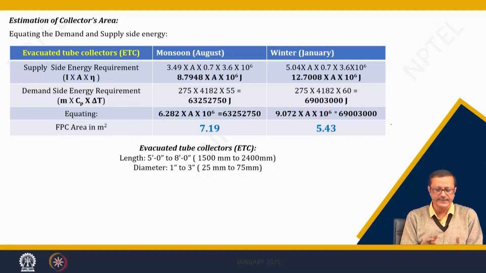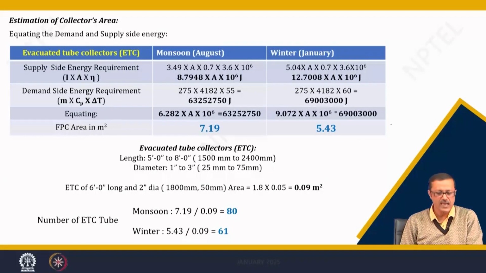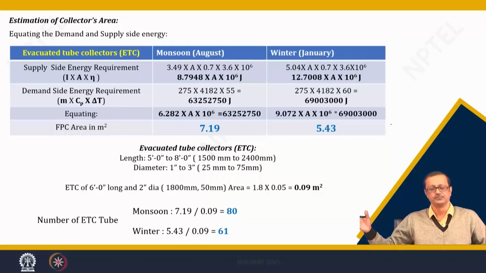The length of the tube varies from 5 feet to 8 feet, which is 1500 millimeter to 2400 millimeter. The diameter of the tube varies from 1 inch to 3 inch, which is 25 to 75 millimeter. I have assumed for this particular problem a 6 feet long tube with 2 inch diameter, which is 1800 millimeter and 50 millimeter.